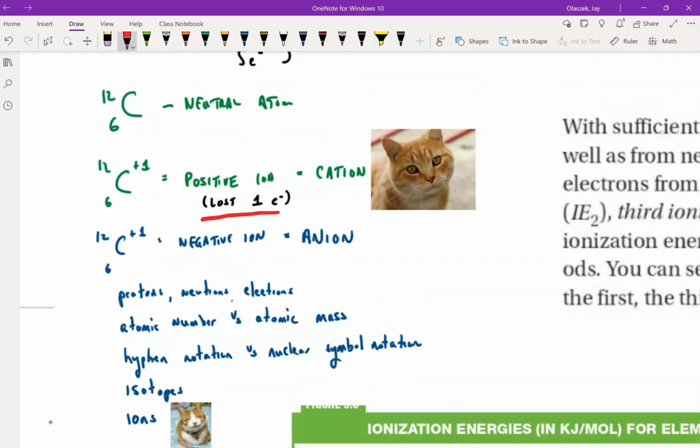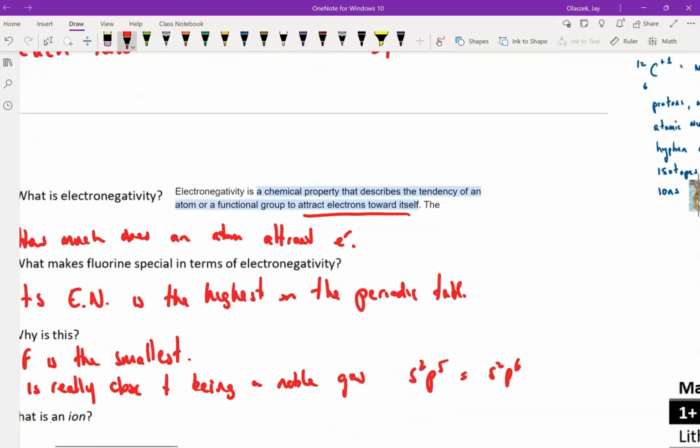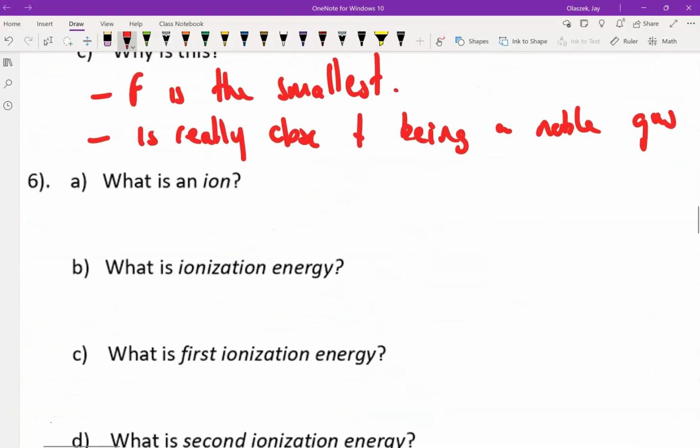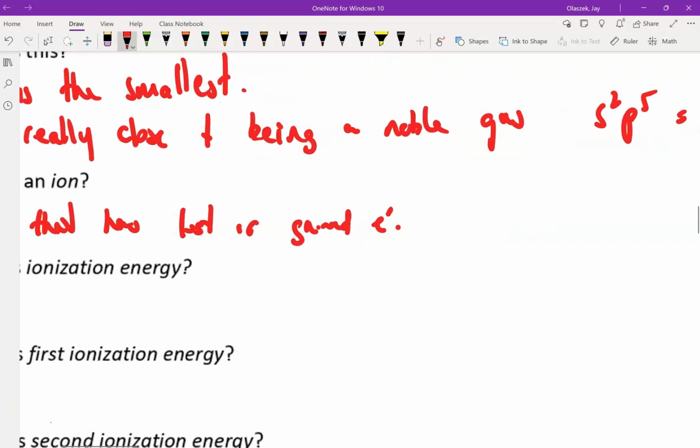And so we'll say atoms that have charge would be ones that have lost or gained electrons. What's an ion? Let's say it's an atom that has lost or gained electrons. And this means that now they have a charge. They can be positively charged or negatively charged.